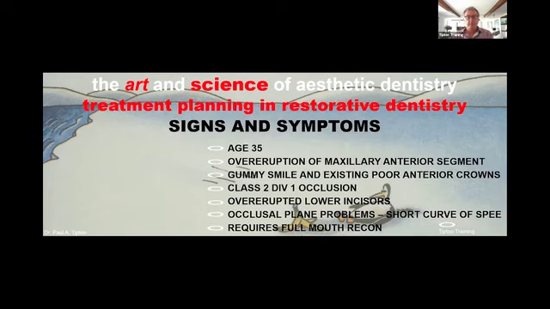And as you probably remember from the previous case studies and treatment planning sessions we've done, if we have a very short curve of Spee, that means that we need steep guidance to disclude it. And steep guidance isn't very good for the masticatory system. And when we look at her teeth, we'll see that she basically needs a full mouth reconstruction.